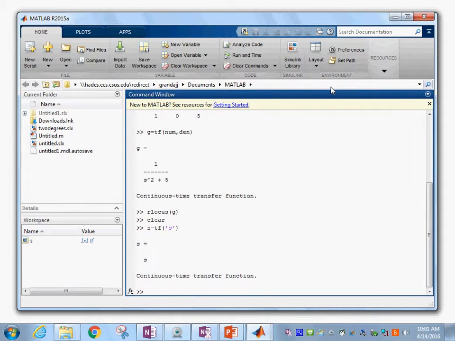And it is correct. What I just did is I said, make the variable S transfer function type. That's what I just did.